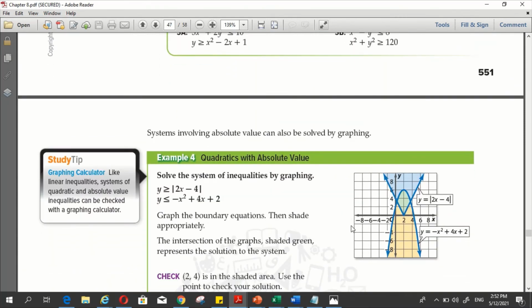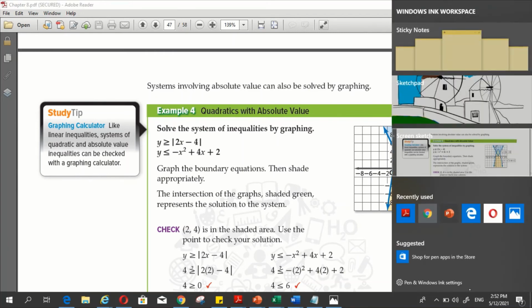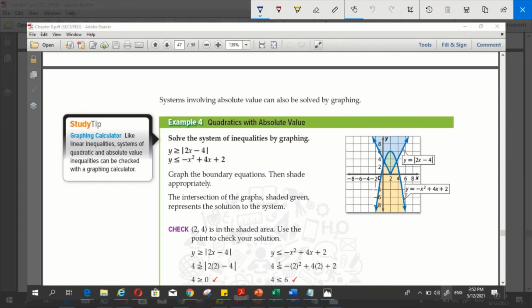The same thing if we have a quadratic with an absolute value. So in here, if you are solving this question manually, you already know how to graph the absolute value function. First of all, I need to find the vertex. So the vertex is going to be 2x minus 4 equal to 0.